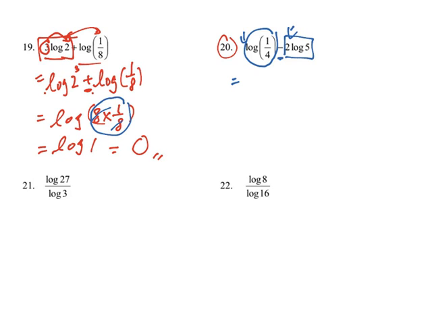So you can put the coefficient to the index first, so it becomes 5 to the power 2, 5 squared. Next, you see minus, that means it is divide. So log 1 over 4 divided by 5 squared.